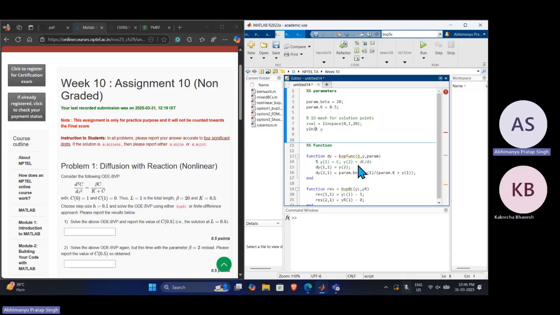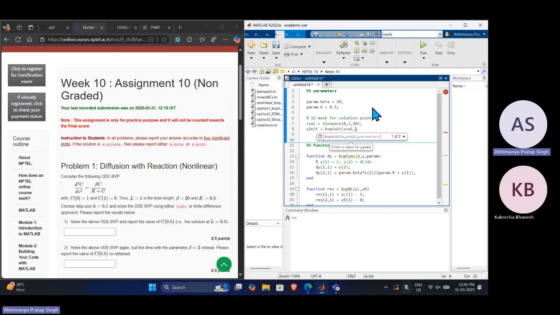Just name it BVP init. So it takes x, the values for the mesh grid, so that would be z val for us, and then the initial values that we want.